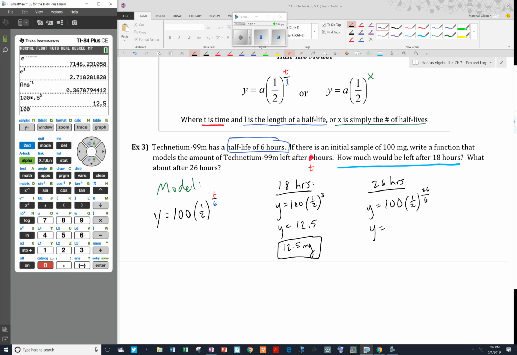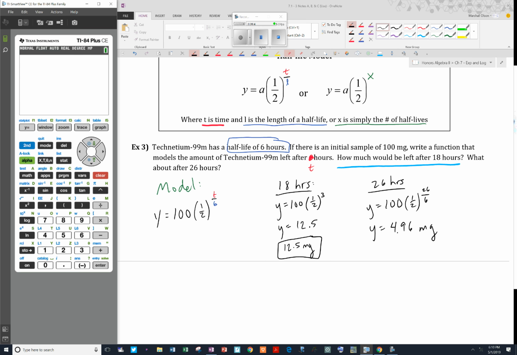So 100 times 0.5 to the 26 divided by 6, which is 4.96 milligrams. Or like I said, you could have just found 26 divided by 6 as a fraction or a decimal, and then used that as an exponent on 1/2. I think you know what I mean.